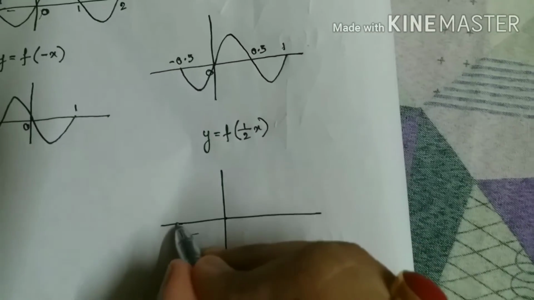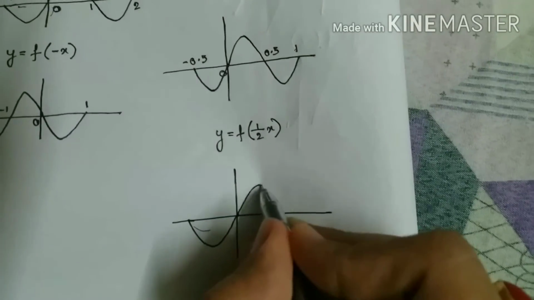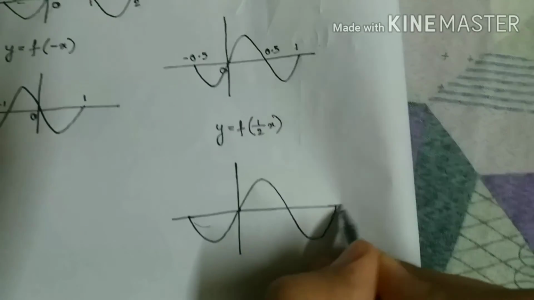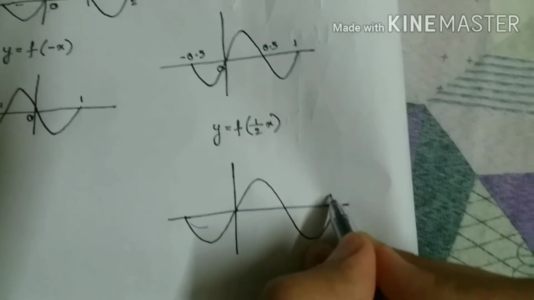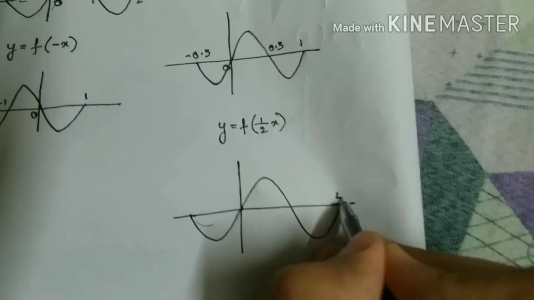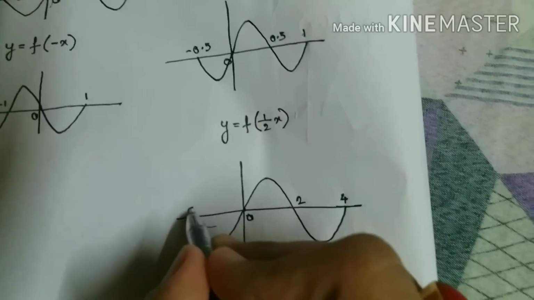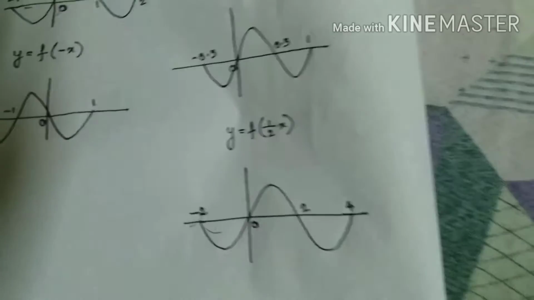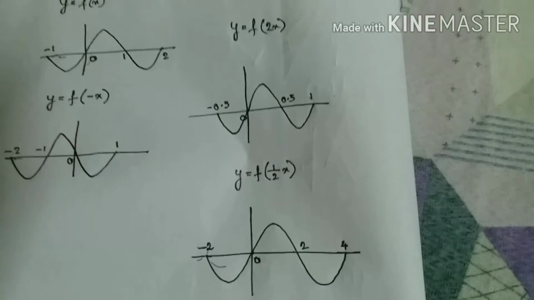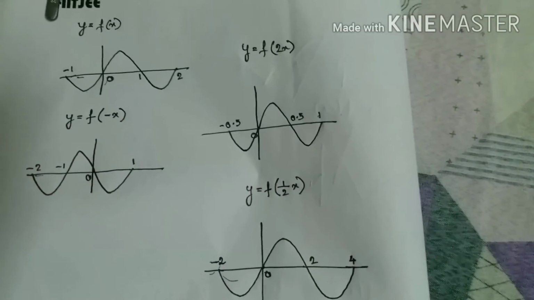So now the graph will become like this. Now this thing will be 4, this thing will be 2, this thing will be 0, this thing will be minus 2. So I hope this first transformation is clear to everyone.